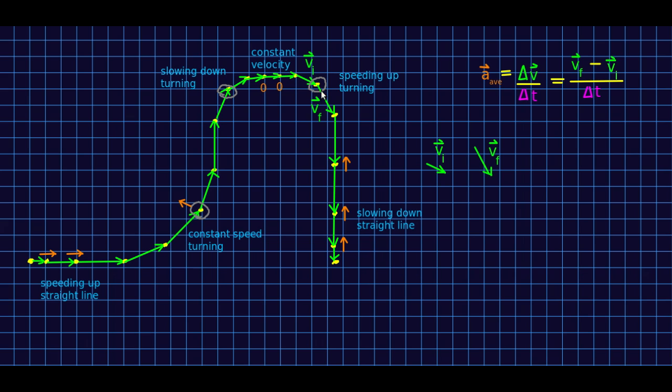So now let me do the same process for this moment here when this object is going around a corner while speeding up. And I've already copied out my VF and VI vectors. And remember that what I need to do is flip my VI so that I have negative VI. And now I'm going to add my negative VI to my VF.